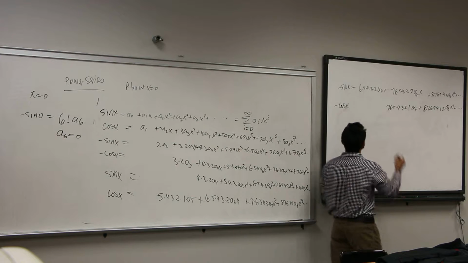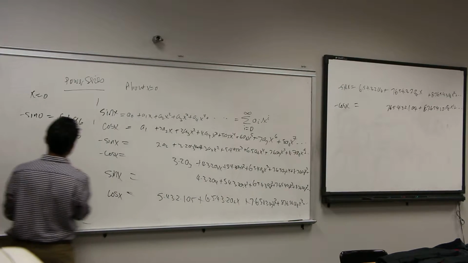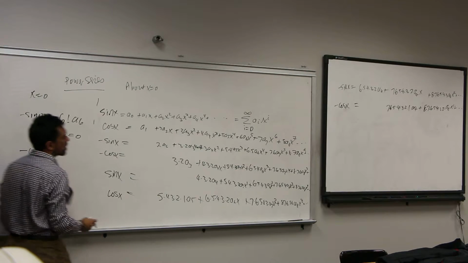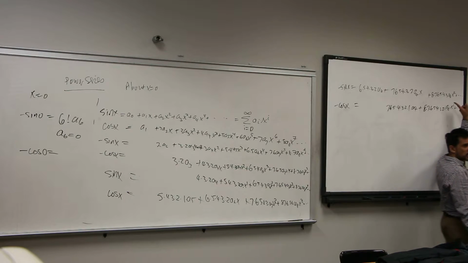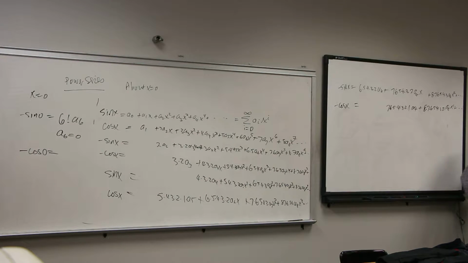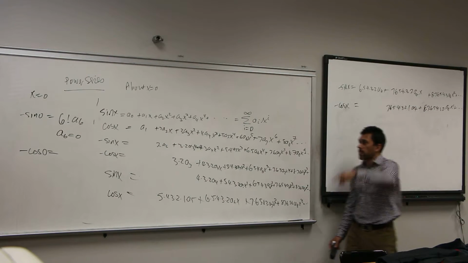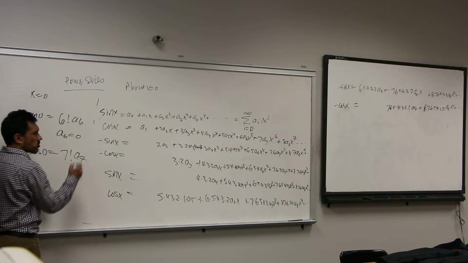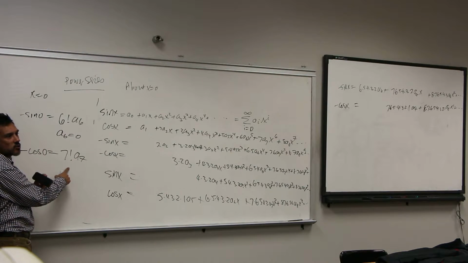Plug in 0 on both sides. Giving us 7 factorial a7. That is to say, a7 is negative 1 over 7 factorial.